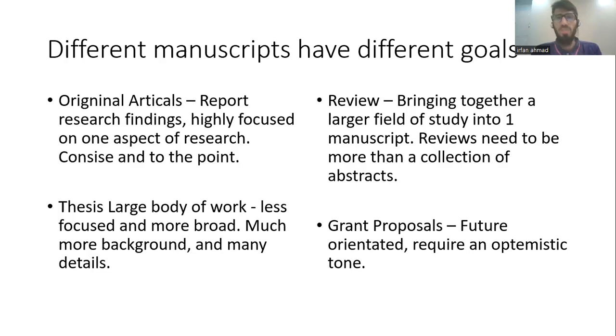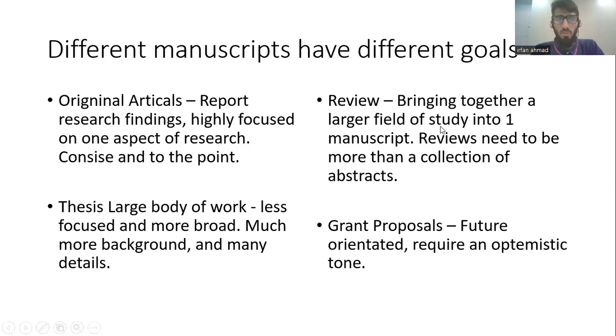Okay, the next one is review articles. It brings together a large field of study into one manuscript. For example, if you want to write about balance and fall risk in elderly COPD patients as a review article, you don't need to do your own primary research. You have to collect the data from all the already published articles.